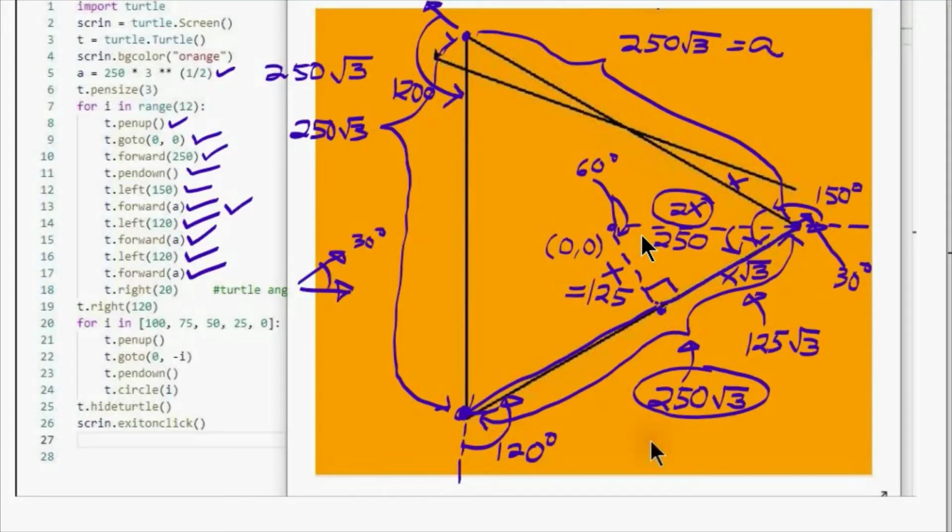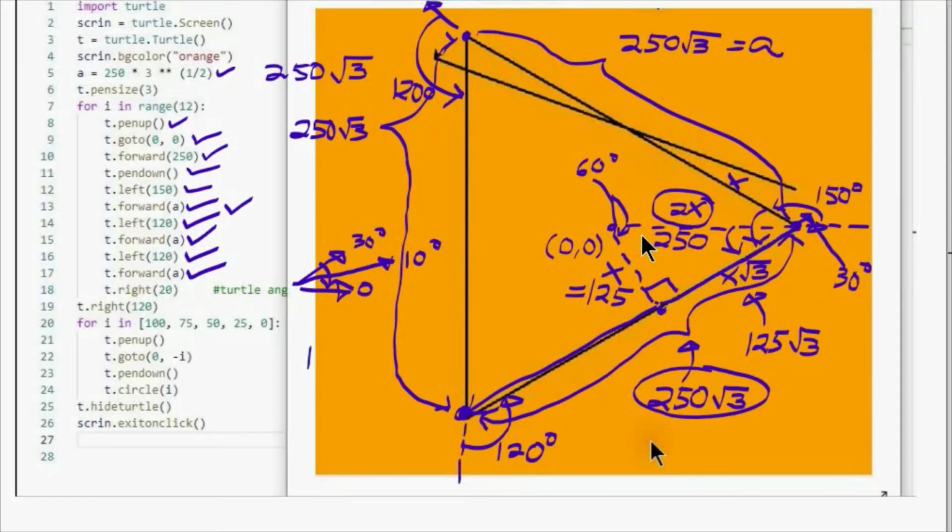So we have to make the turtle go back to the original orientation. This is 0. But then we're going to draw the next triangle. So we have to reorient the turtle another angle like that. And this one here, we want this to be 10 degrees. Now, why 10 degrees? Because I'm going to draw 12 triangles over the span of 120 degrees here.